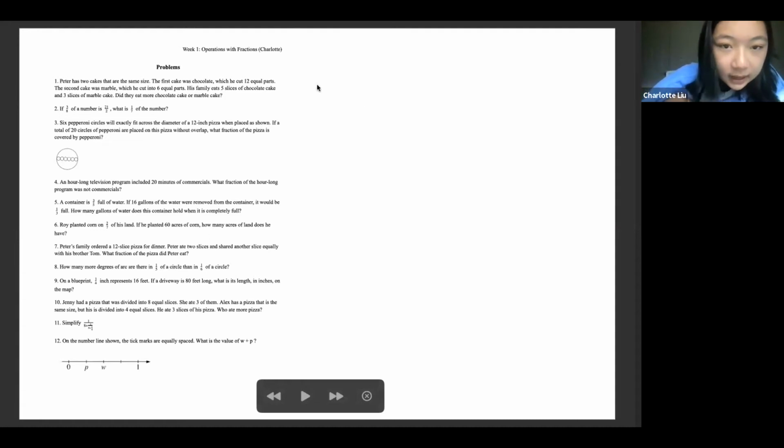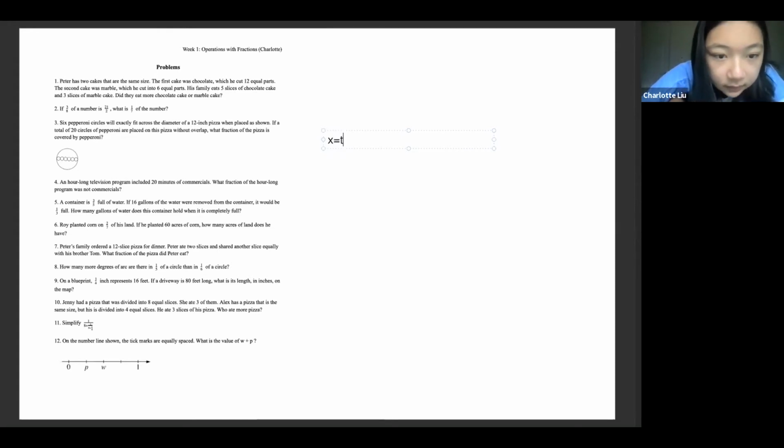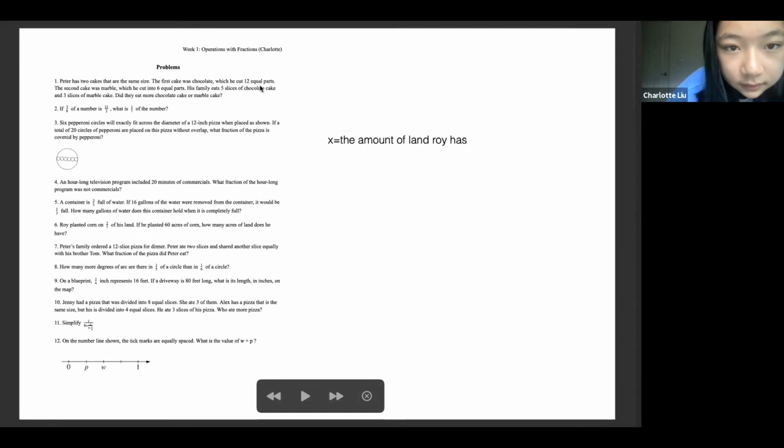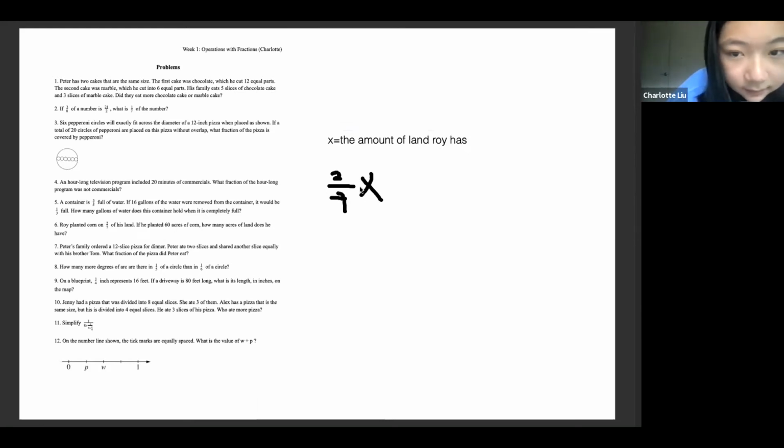So let's say x equals the amount of land he has. So that means you'll have 2/7 x, and that would equal 60.